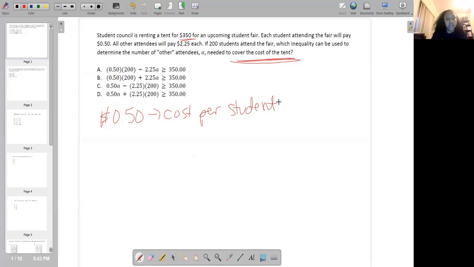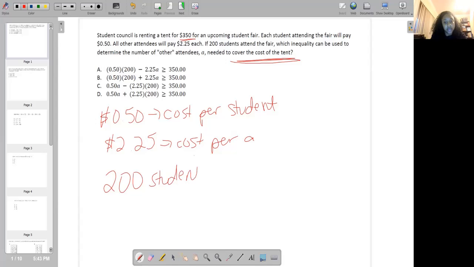And then the $2.25 represents the cost per attendee. I'm going to put A for short. Now, the other piece of information we know is that we have 200 students.